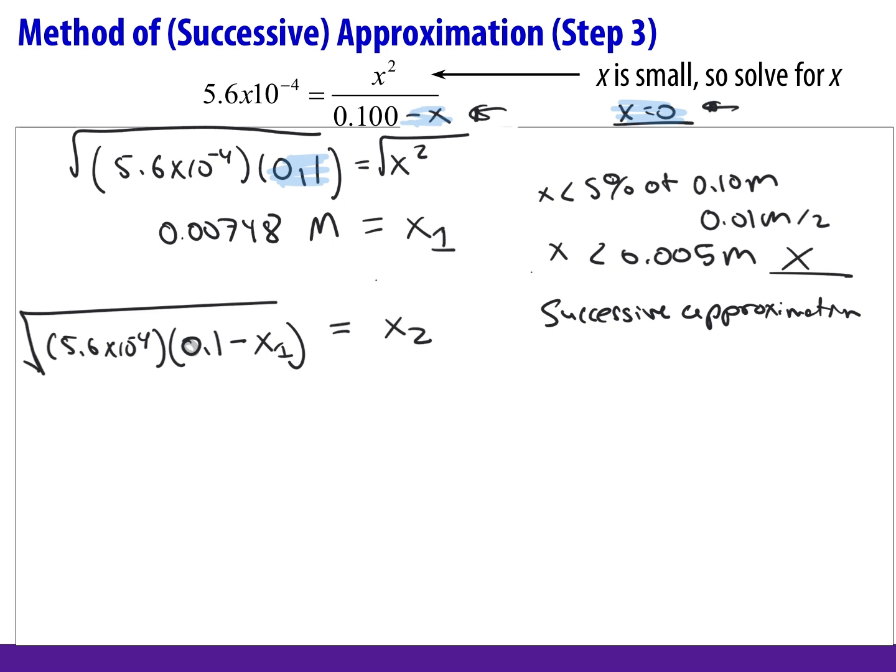This works pretty quickly on your calculator. You can just go back to the previous thing and do your square root again. So square root 5.6 e minus 4 times 0.1 minus 0.00748, just adding all the parentheses that I need.